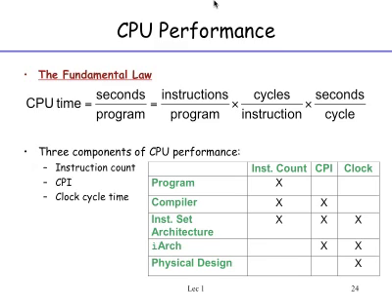These three components are determined by different parts of the system. Let's start from the instruction count. Instruction count, by definition, is the number of instructions of that program. Of course, it depends on the program. If you have a more complex algorithm, then you're going to have more instructions. The second thing that determines the instruction count is the compiler.